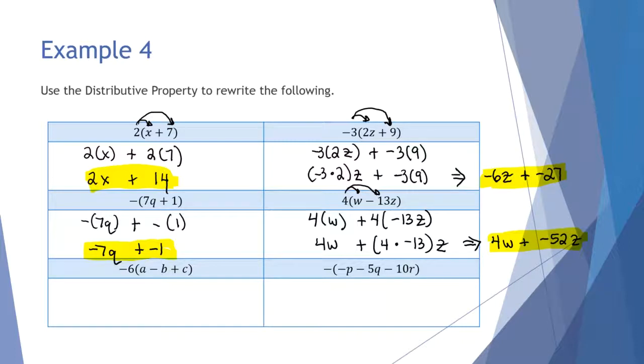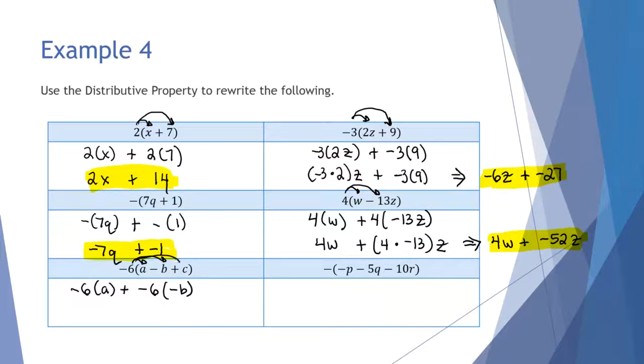Now the last one's here. So I have a negative 6, and so now I need to first multiply that by a. So I have a negative 6 times a. Then I'm going to put a parenthesis. Then I have negative 6. And then that's going to be read as a negative b. That minus sign is going to go with what comes next.